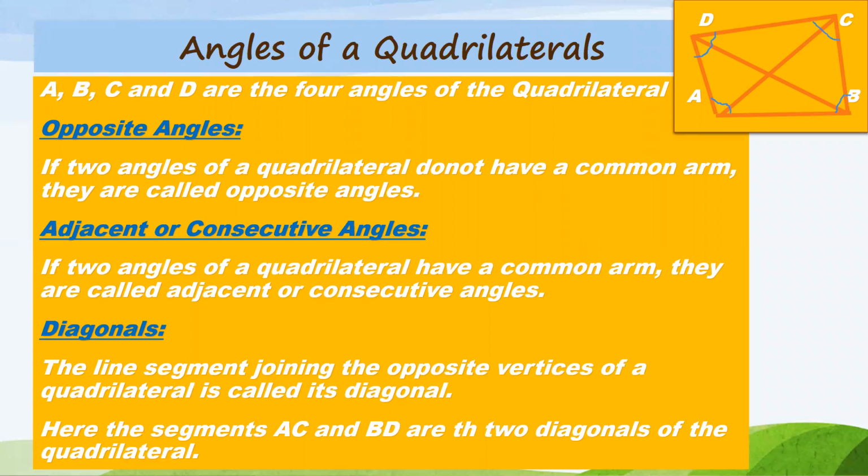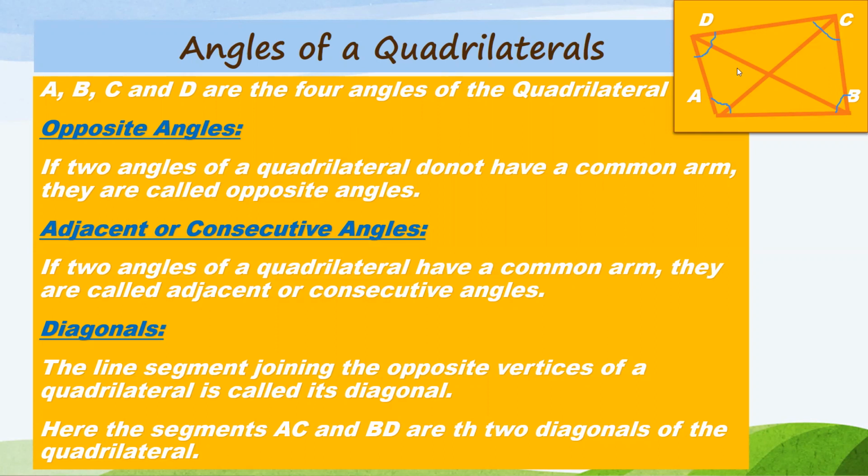Next is adjacent and consecutive angles. If two angles of quadrilateral have a common arm, they are called adjacent angles. For example, here angle A and angle B are adjacent angles. Why? Because here angle A means DAB and angle B means ABC, right?